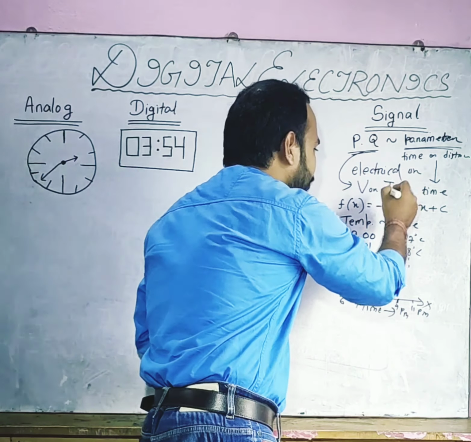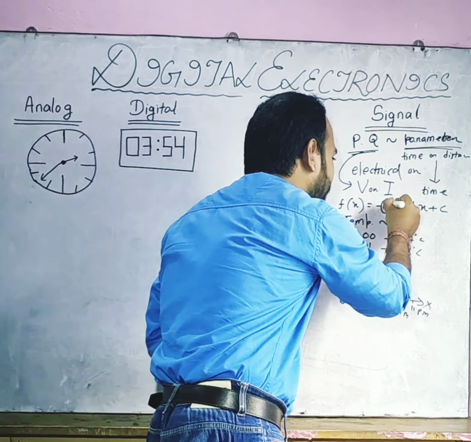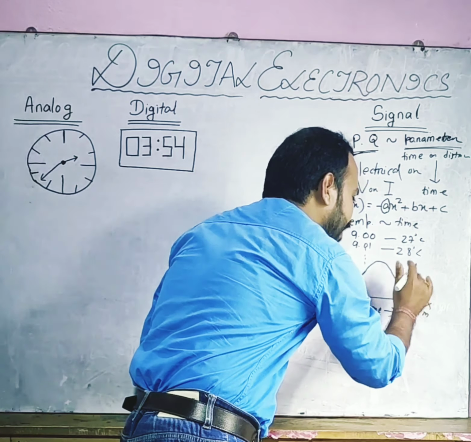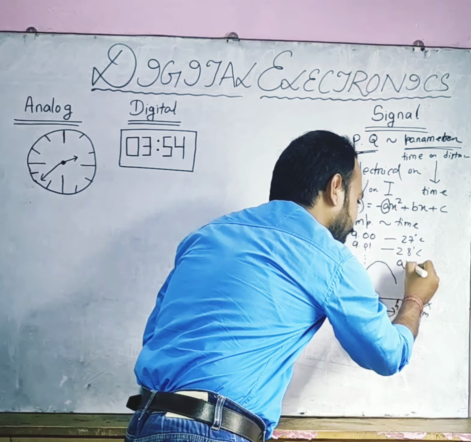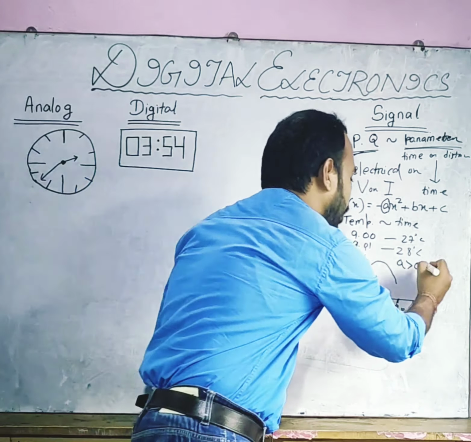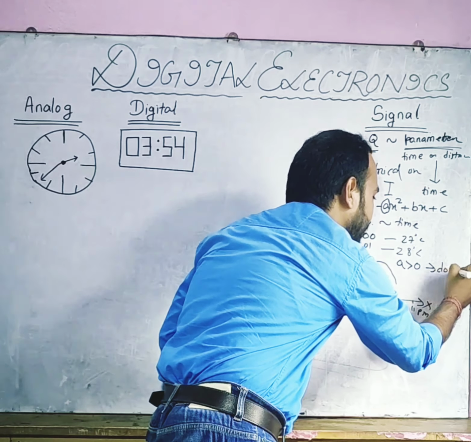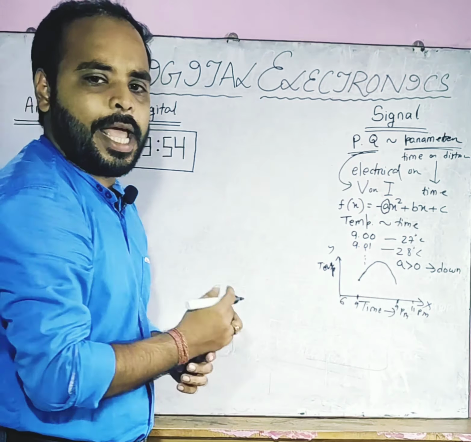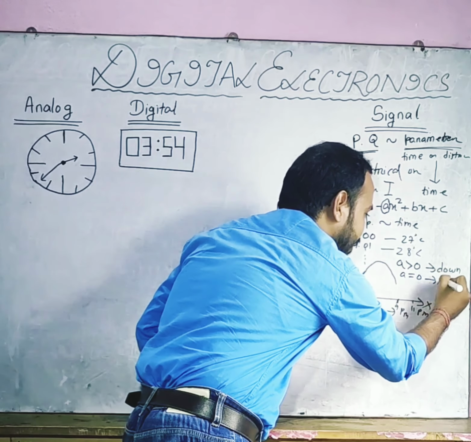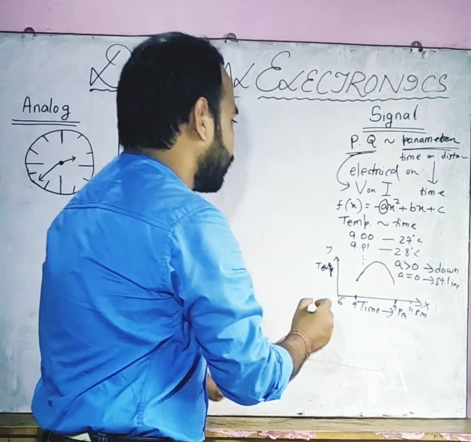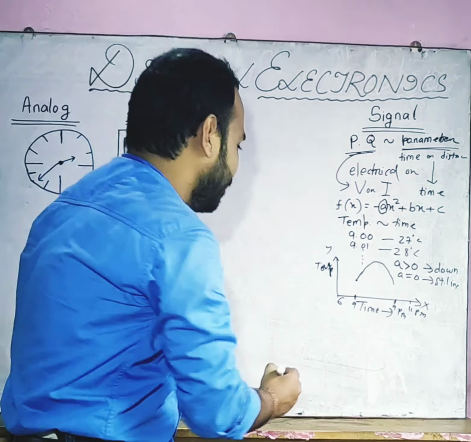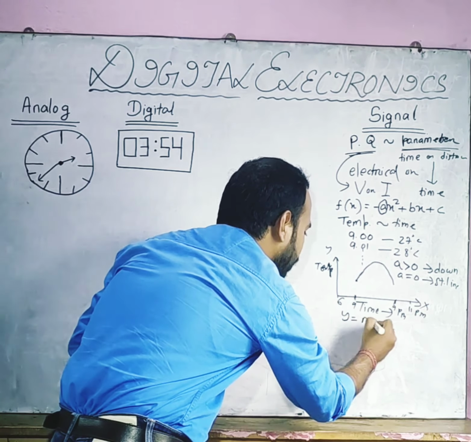So from the equation, that is minus ax square plus bx plus c, this a, we know from our mathematics classes that if this a is greater than 0, then we will obtain a downward parabola. If this a is equal to 0, then we will obtain a straight line equation, because the function will be equal to bx plus c, that is, as we know, y equal to mx plus c.